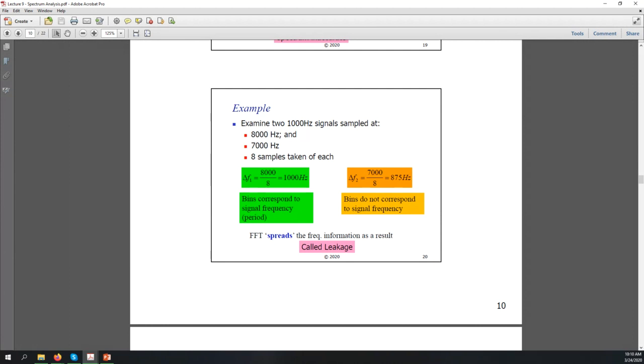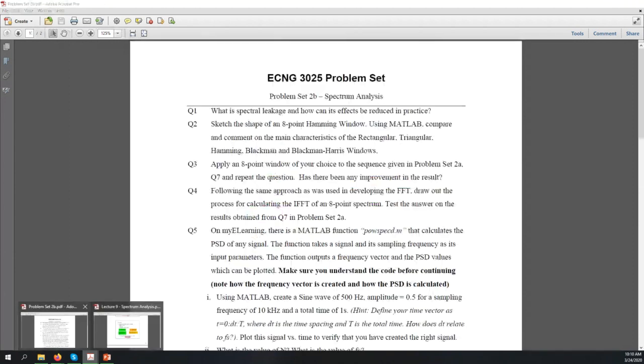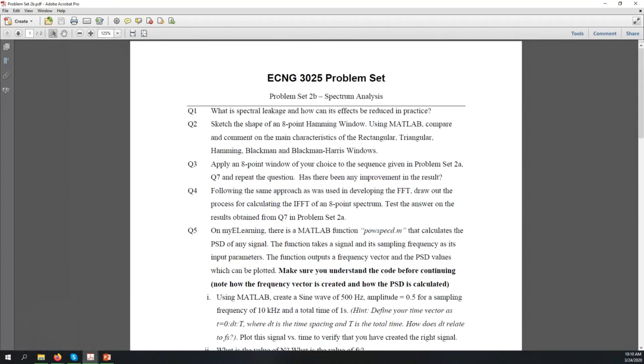When we perform the fast Fourier transform, you'll see the frequency information spread as a result. This results in the phenomenon known as spectral leakage. Once you have that explanation, that basically answers question 1.